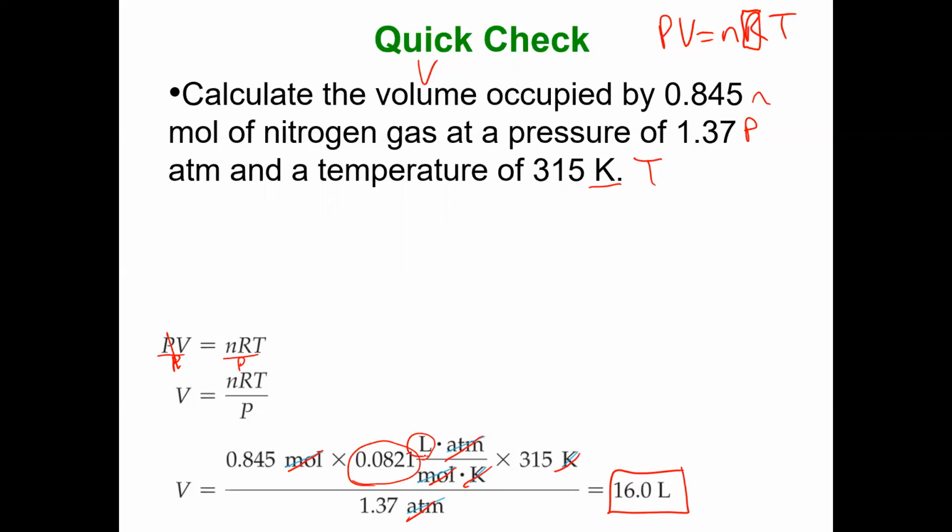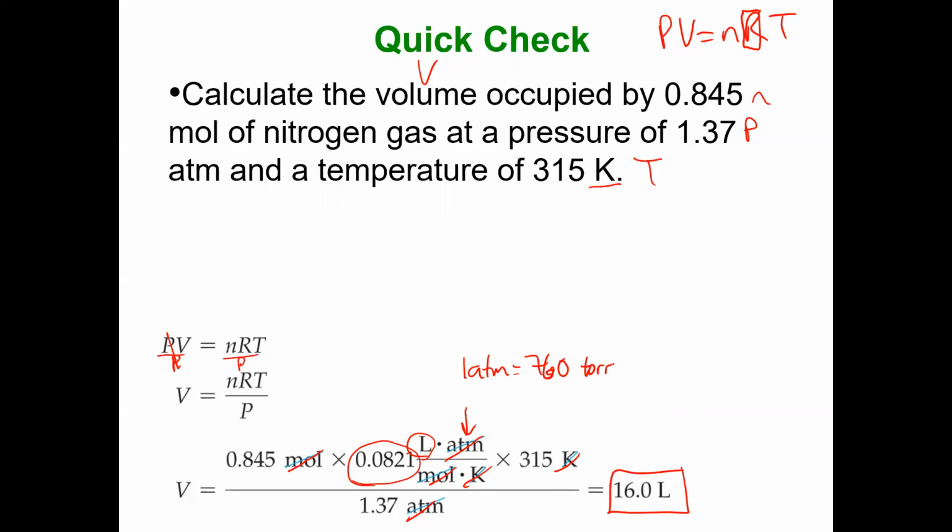Now, when I'm using the ideal gas law equation and this constant, I have to make sure, unlike Boyle's law, that the units are atmosphere and not millimeters of mercury. So we did not have to do that in Boyle's law. Here we do because of the constant. So you just have to remember that 1 atmosphere is 760 either torr or millimeters of mercury.